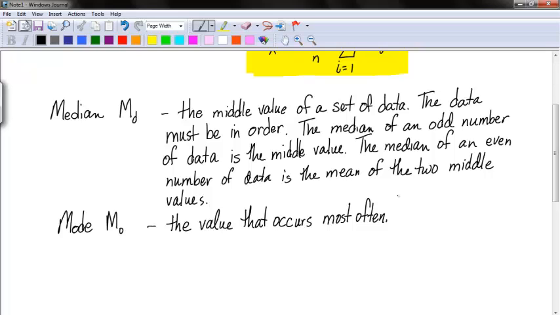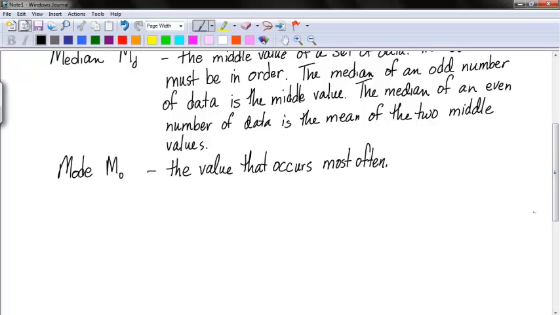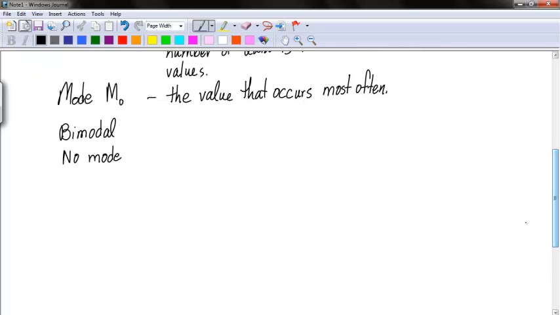If that's the one that occurs most often, that's probably the one you want to order the most of, because you're going to sell the most of. Same thing with clothes. You want to look at which ones you're going to sell the most. If there is more than one mode, they call it bimodal. And if no value occurs more often than another, there might be no mode.